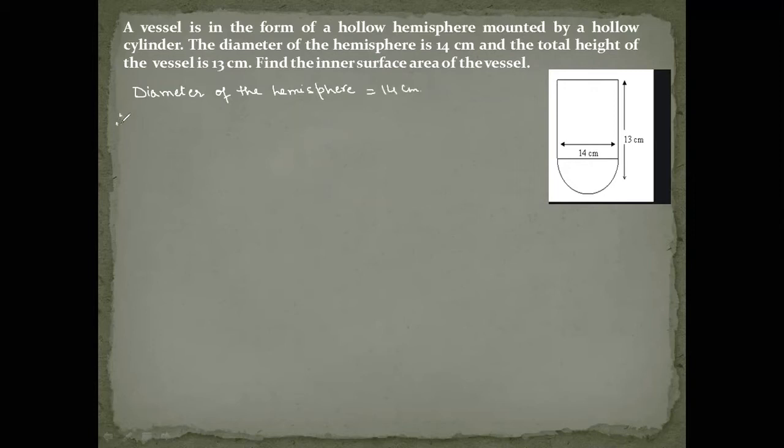So therefore, radius of this hemisphere will be, as we know, radius is diameter's half. So it will be 14 by 2, that is 7 centimeter.